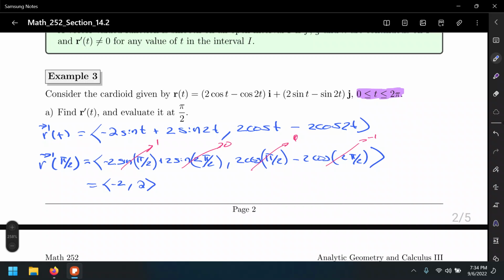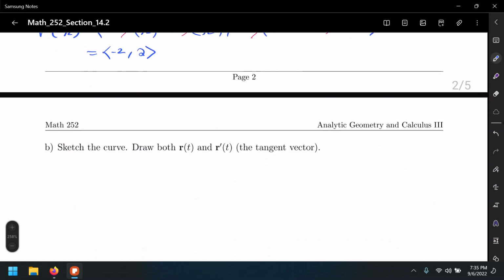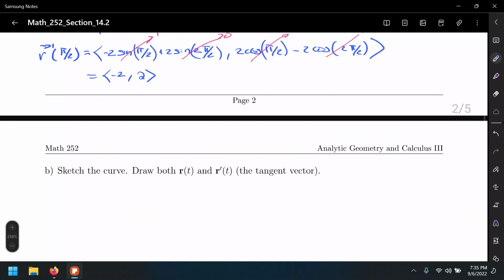All right, so for the next part, we're going to need a calculator. Sketch the curve, draw both r of t and r prime of t, that is the tangent vector.